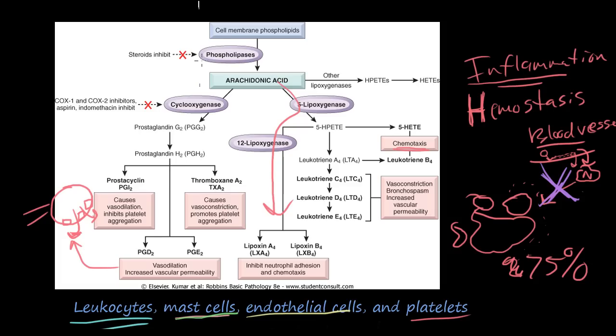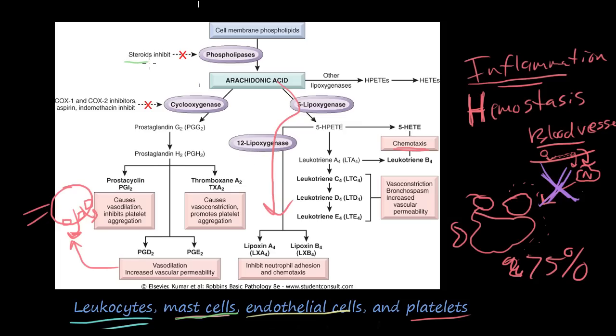The reason we want to understand all this is because in the pharmaceutical industry, they try to design drugs that will inhibit these pathways, so that inflammation won't be such a big problem, especially in autoimmune cases.